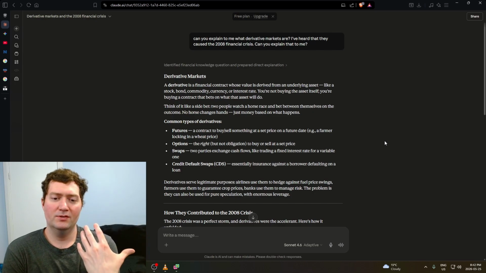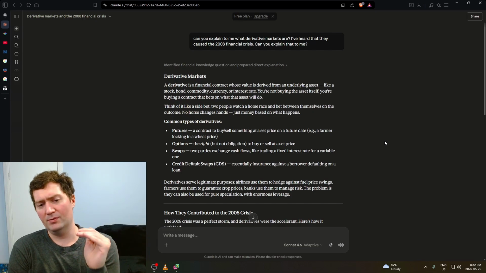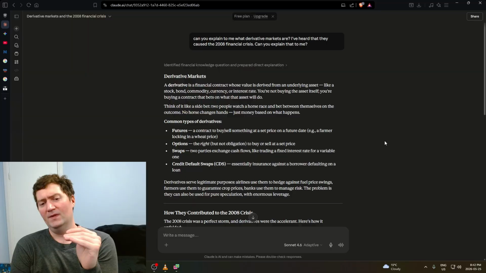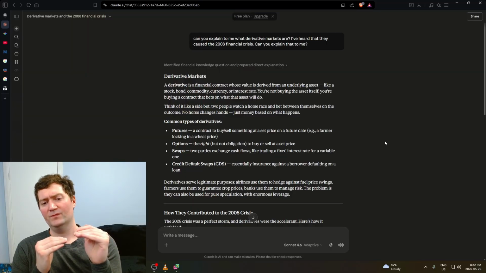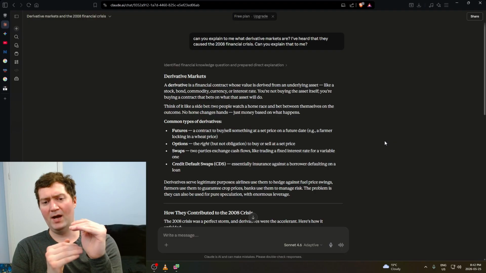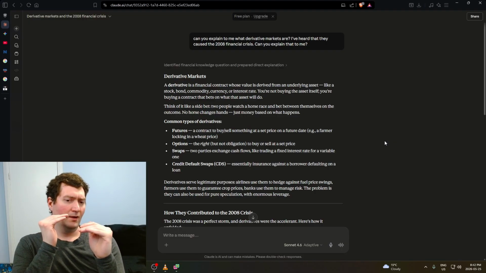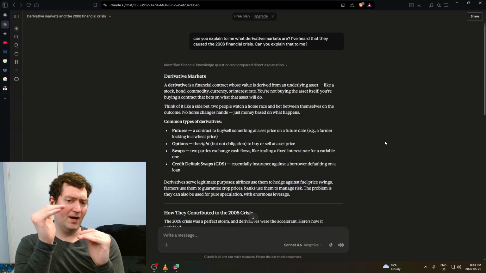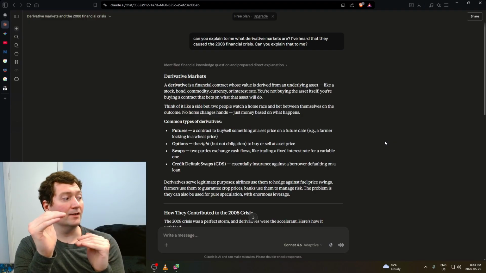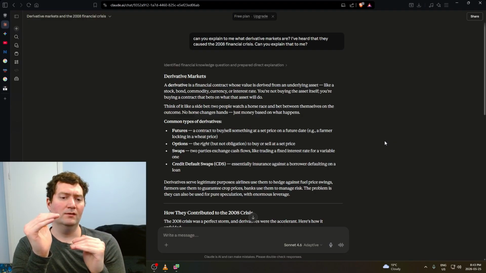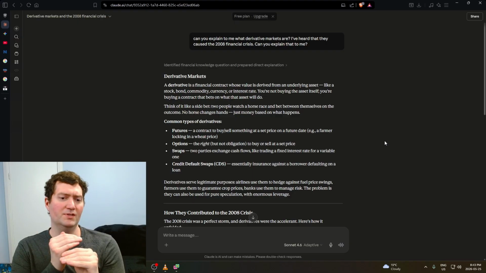You have an option to buy something at a specific price. If the real price at that time is lower, then you would buy at the lower price and you would not use the option. But if the price to buy that item or that commodity is higher, then you are making money by using the option.